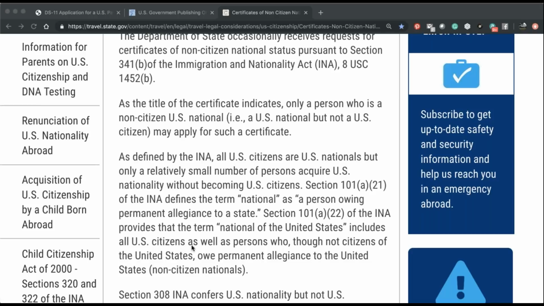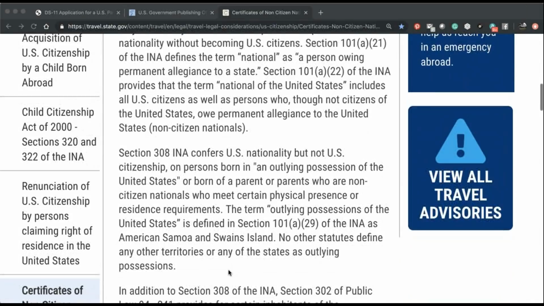So if you're saying you're a national of the United States, you're a U.S. citizen, as well as persons who, though not citizens of the United States, owe permanent allegiance to the United States, non-citizen nationals. So what they just said is that a non-citizen national is a U.S. citizen. Now let me keep going.